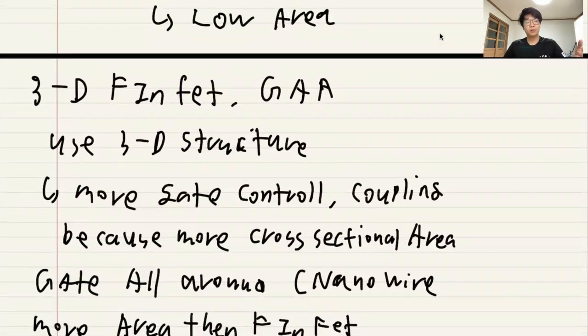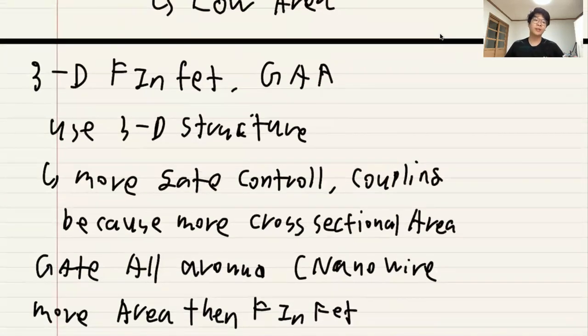So to get better gate control or coupling, we use three-dimensional structures. Three-dimensional structures have the advantage of giving more cross-sectional area to the gate, so FinFET and GAA, three-dimensional devices, can have more gate control.